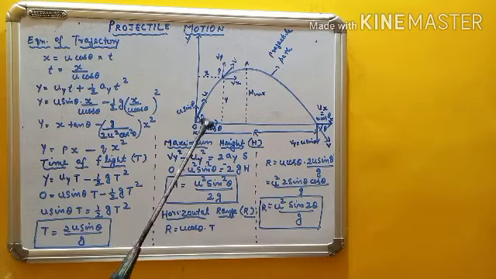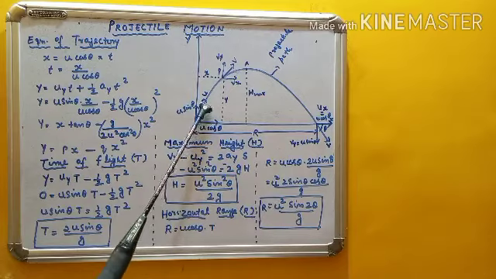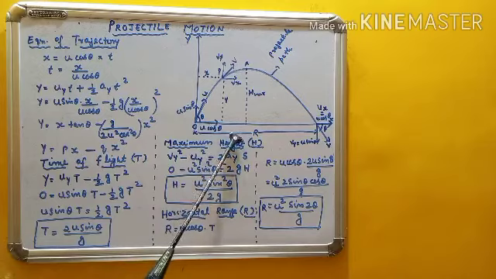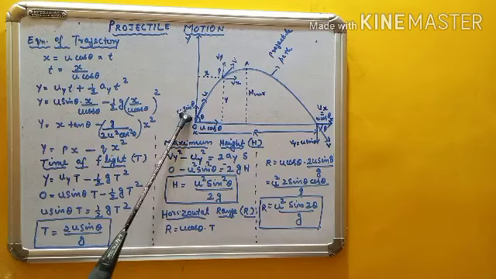So this initial velocity we have resolved into two components: u cos theta along the horizontal and u sin theta along the vertical. The component along the angle theta is the cos component, the other is the sin component.